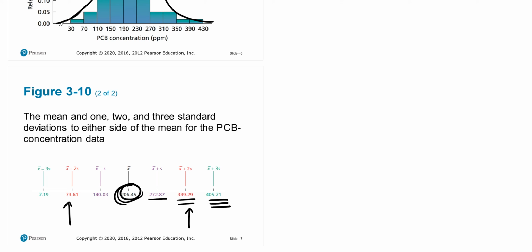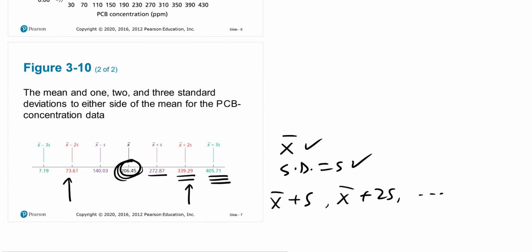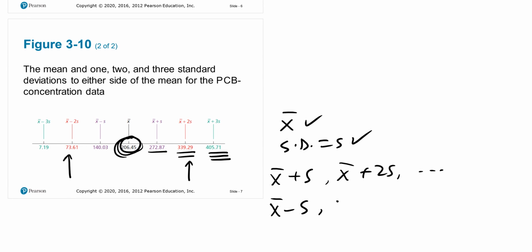They give you the mean and the standard deviation, which we call s. What you need to do is keep adding the standard deviation to the mean, or add it again and see what you get, or subtract it: x bar minus s, x bar minus 2s, and so on. So that's about this section.